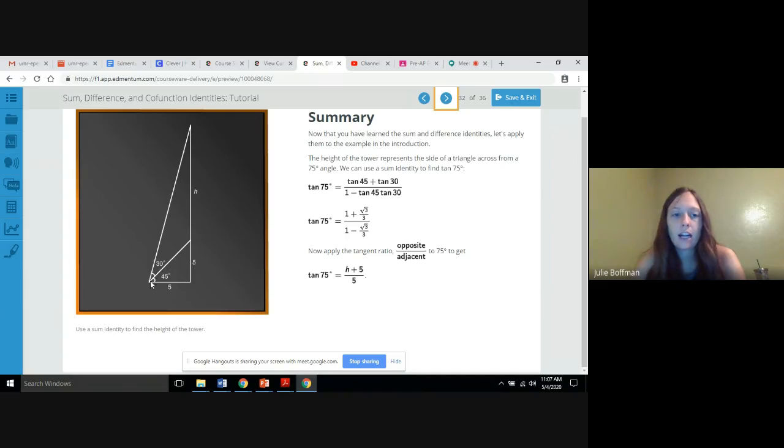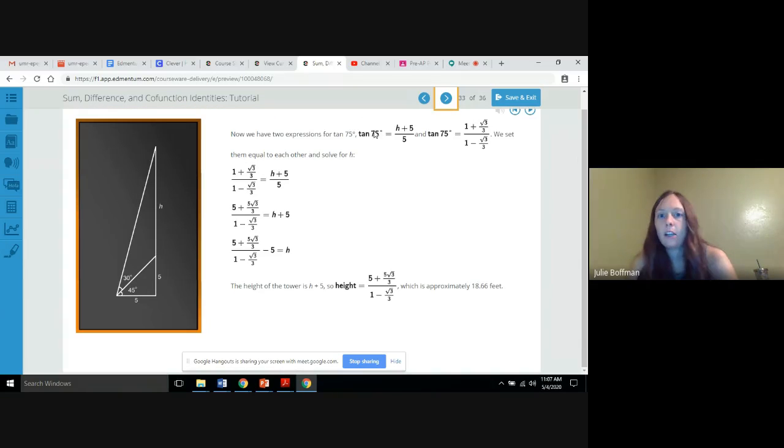And the adjacent side would be this bottom leg, which is 5. So that's what they did here. So now you have these two facts, that tangent of 75 equals this using opposite over adjacent, and tangent 75 equals this using your sum formula. Because they're both equal to tangent 75, they have to both equal each other, right? You set them equal to each other.